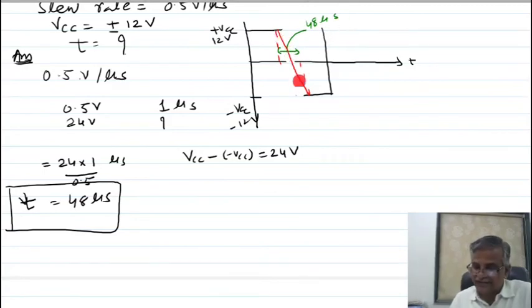So you will get this much slanting, and the slope of this line is nothing but 0.5 volt per microsecond. I think you understand this.